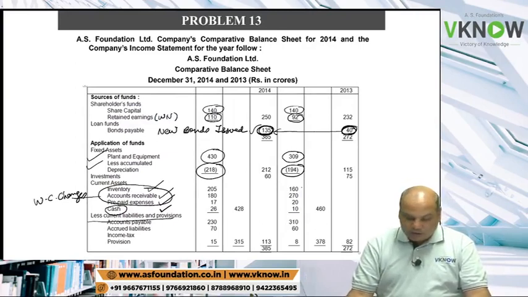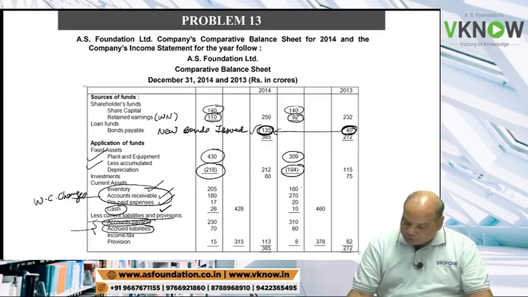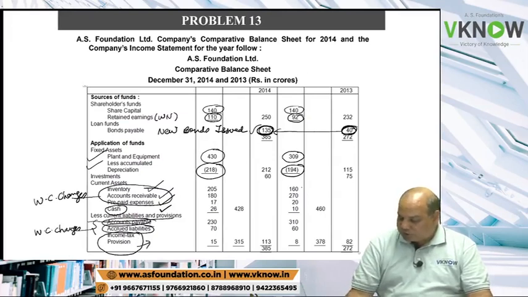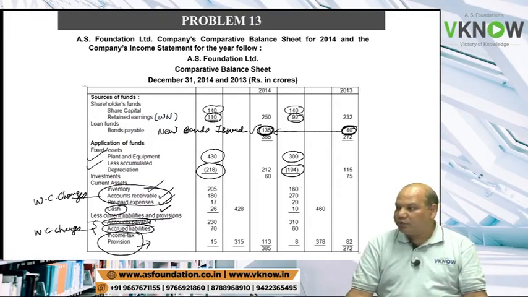Less current liabilities and provision: accounts payable, accrued liability. These two items will go to working capital changes. Then the income tax provision. We will see what we have to do with this. Any query on the balance sheet?